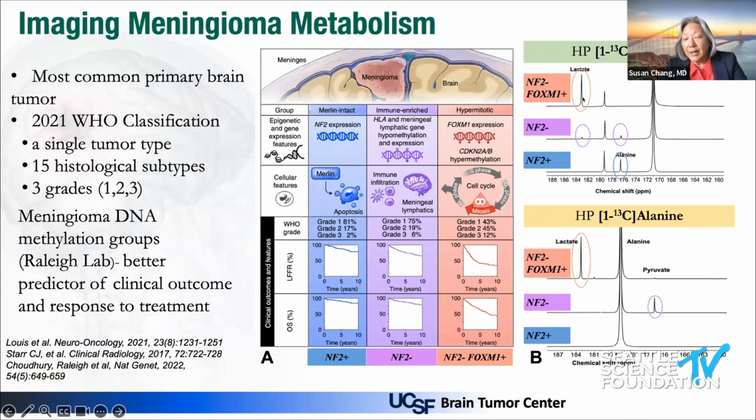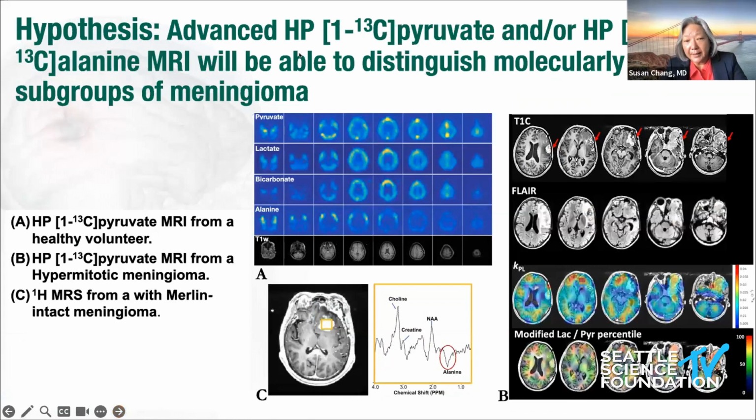And you can see here very nicely the differences across the three subgroups of meningioma defined by David Raleigh's team, where we can potentially leverage alanine as a new probe to differentiate these subtypes. And so the hypothesis is that this advanced pyruvate or hyperpolarized alanine will be able to distinguish molecularly defined subgroups. And so we'll be doing this, hopefully pending our approval, within our patients as well.